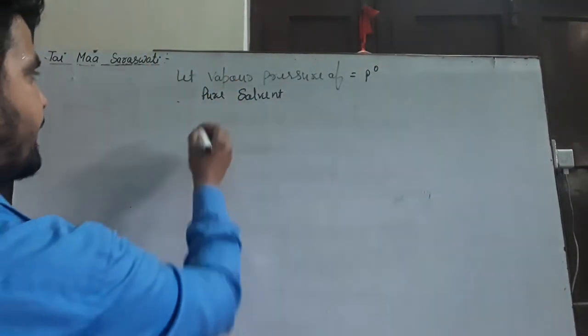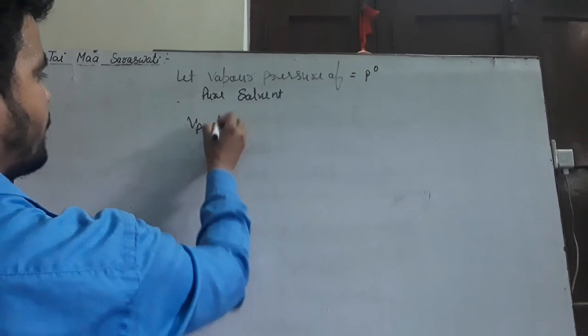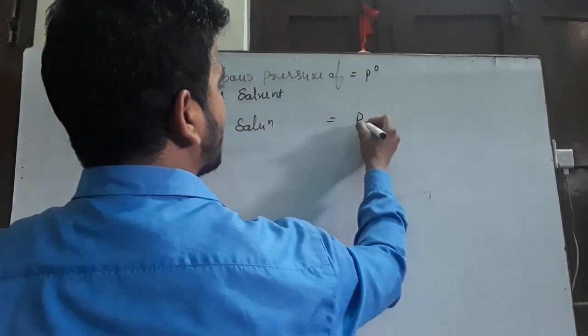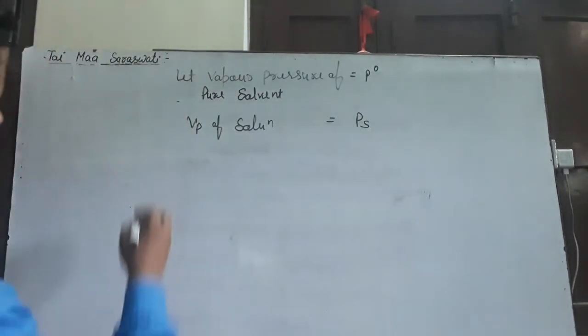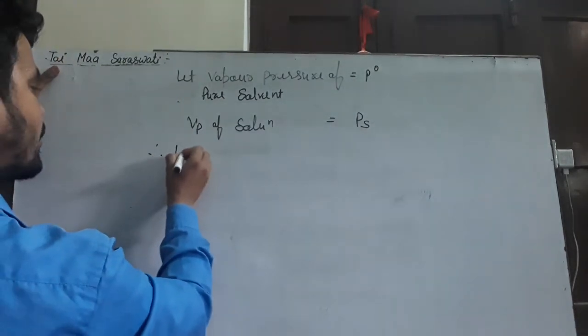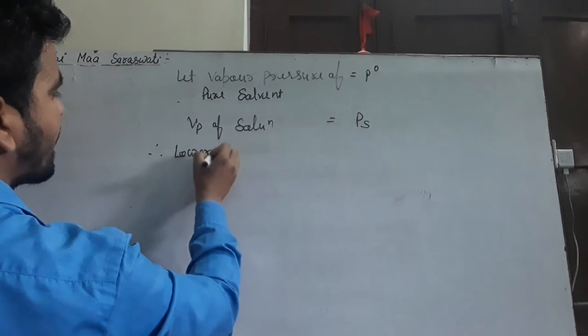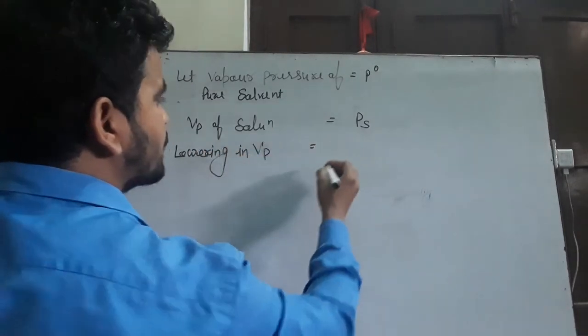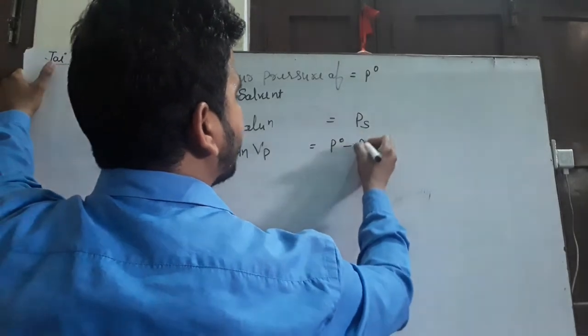The vapor pressure of solution is equal to PS. So lowering in vapor pressure is equal to P naught minus PS.